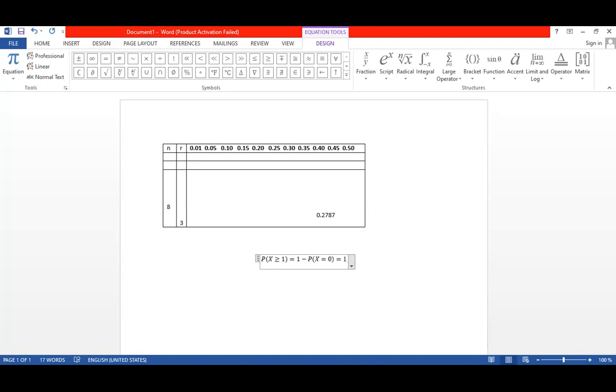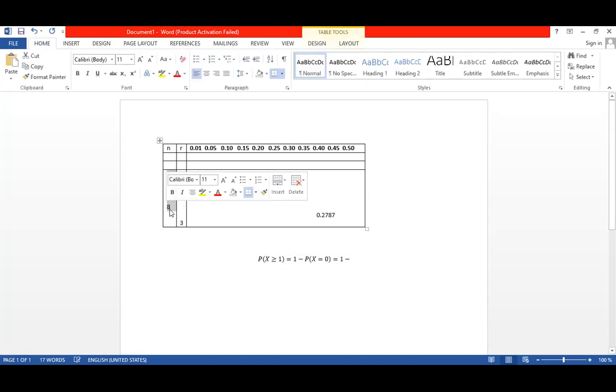So this is an exact value. You'd have now come to the table, n is 8, but r is what? 0. And the probability of success is still 0.4.